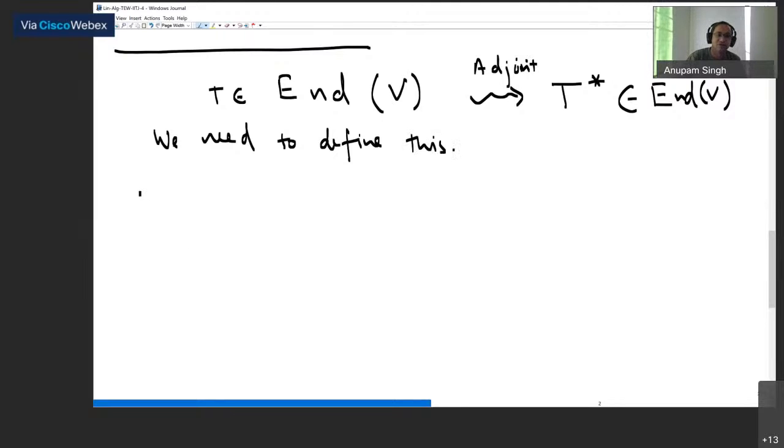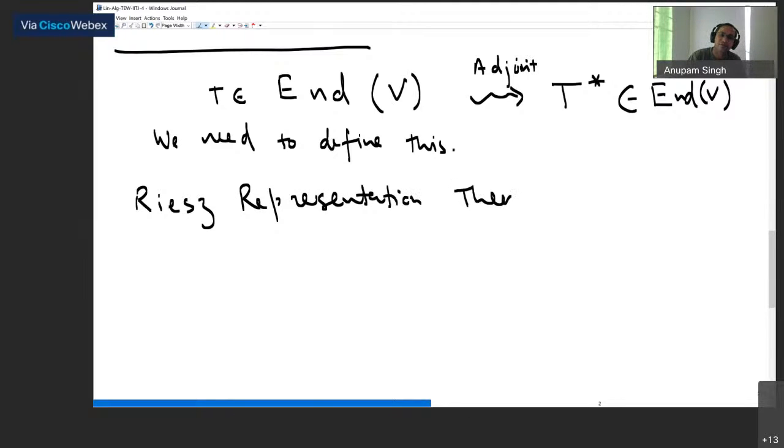Okay, so let's begin with what is called, this is a lemma, but this is quite important, and it's called the Riesz representation theorem. Many of the things we are trying to prove in this section, in functional analysis, you will see can be done for infinite dimensional situations, Hilbert spaces, and so on.